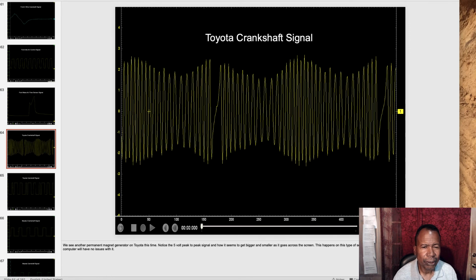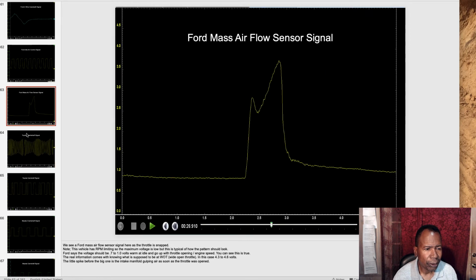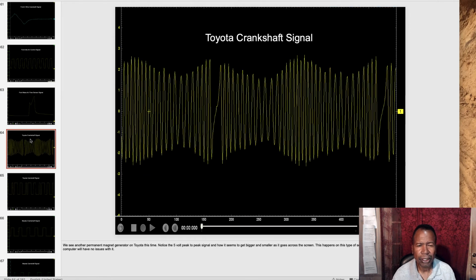Now this next one is a Toyota crankshaft signal, which is a good signal. It looks unusual because you see it get bigger, smaller, and bigger again, and it can't top that center.